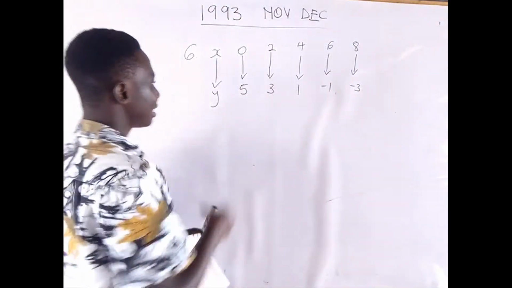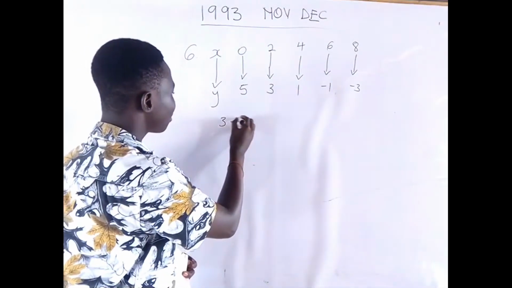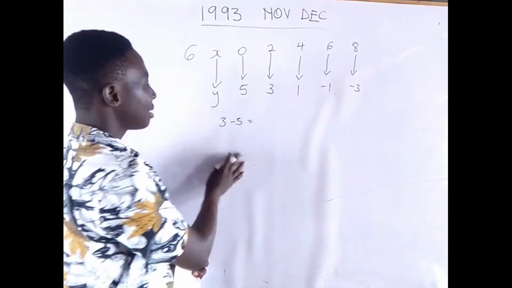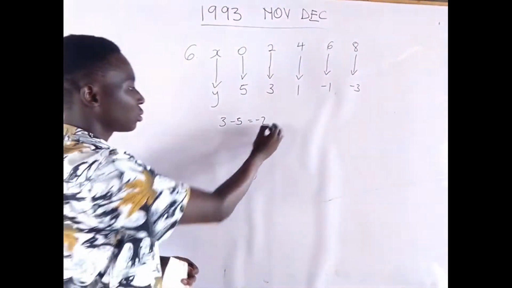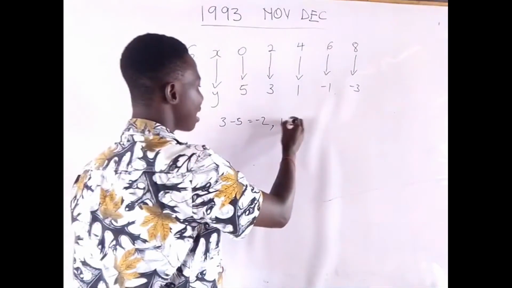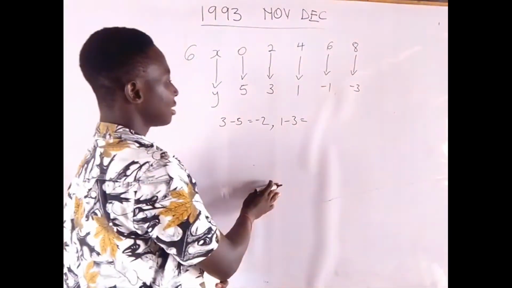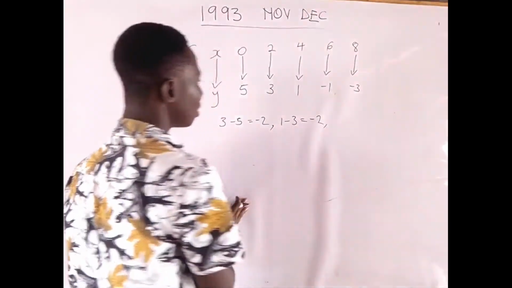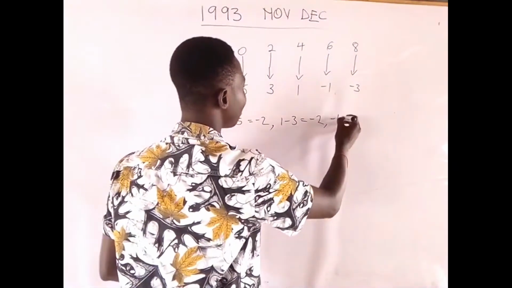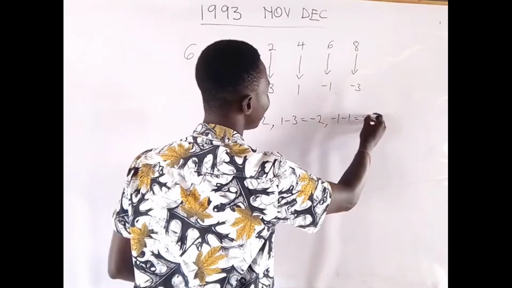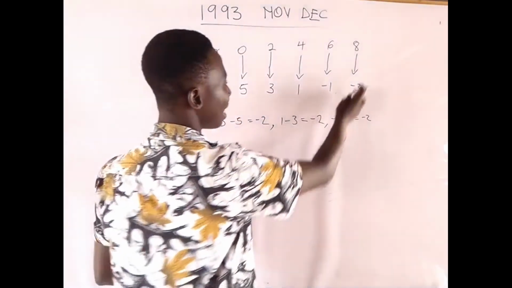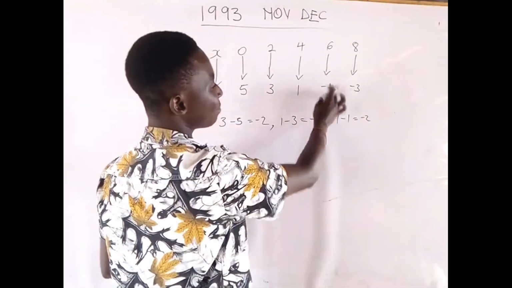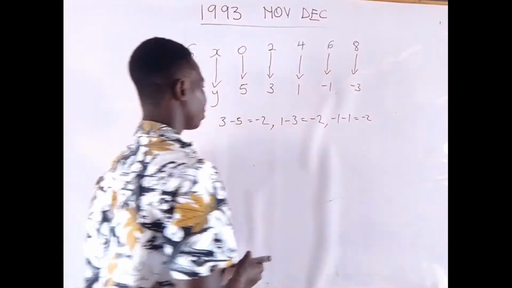So when we do that, 3 minus 5 is going to give us minus 2. 1 minus 3 is going to give us minus 2. Minus 1 minus 1 is going to give us minus 2. And then minus 3 minus minus 1 is going to give us minus 2.